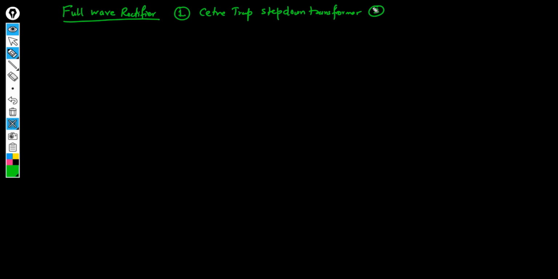Second thing, it has two PN diodes, let's say D1 and D2. And third, it has a load resistance.